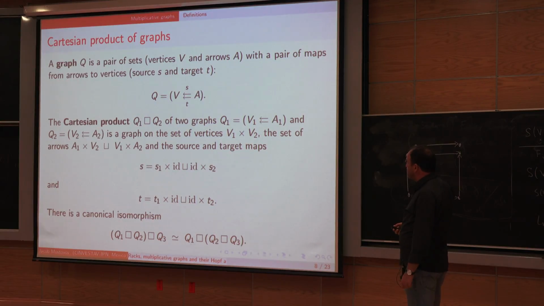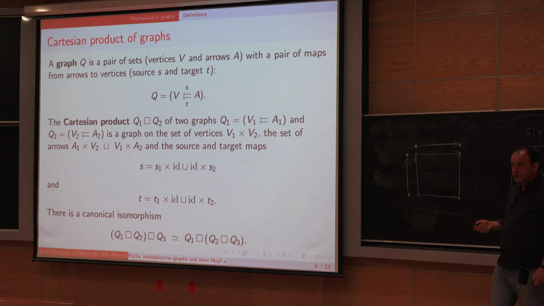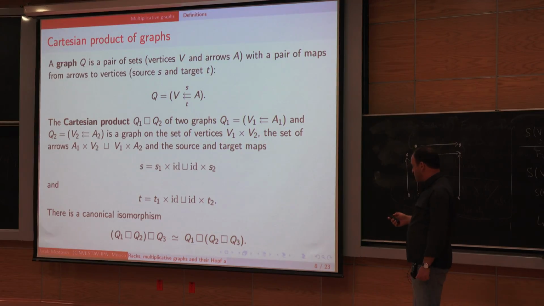Now, this Cartesian product is not a categorical product. It's not a product in the category of graphs, at least with the usual morphisms. I mean, there is a way to tweak this whole thing so that it becomes a categorical product, but it doesn't really matter for us. So the only thing that matters for us is that the Cartesian product is associative.